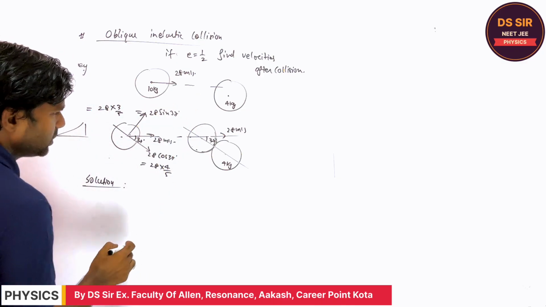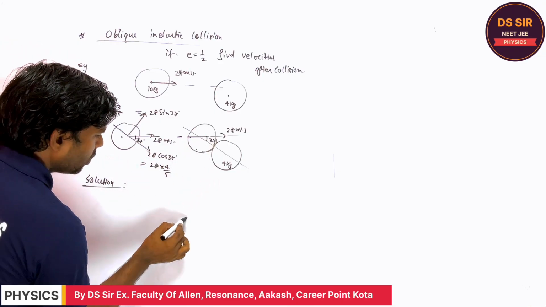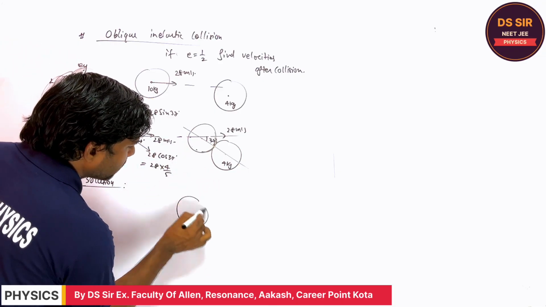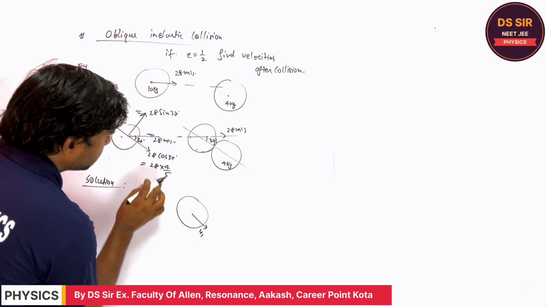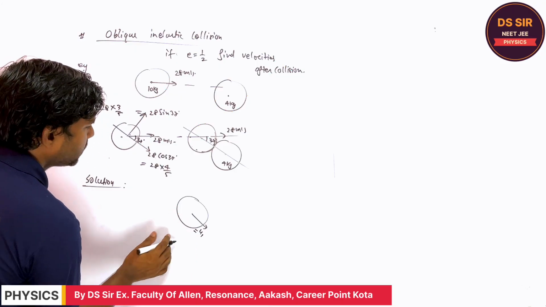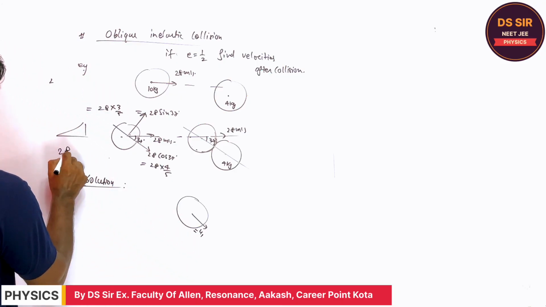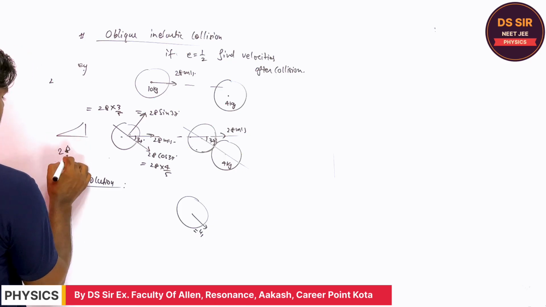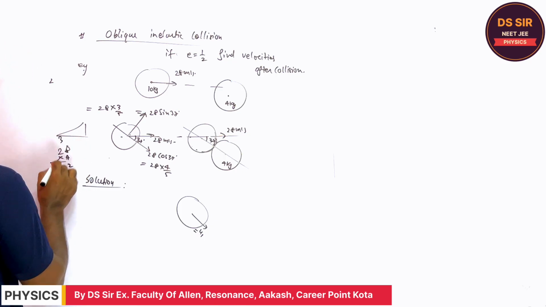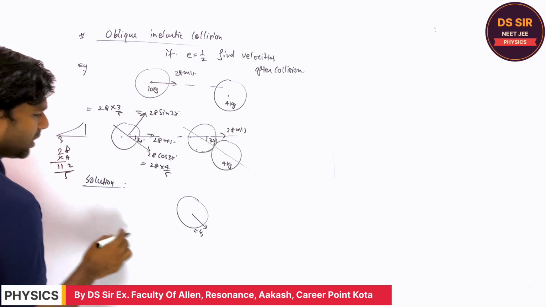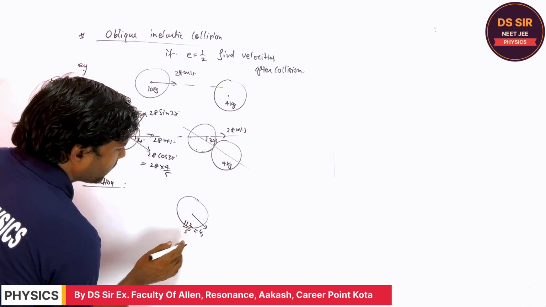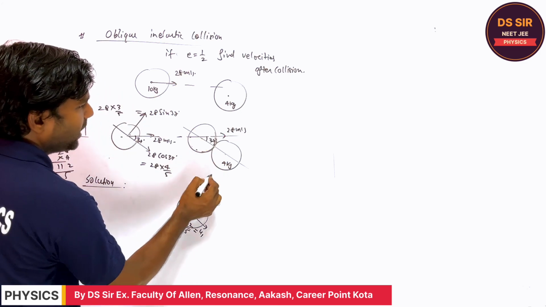Whatever the velocity it is, now the collision is occurring. This is the u1 velocity. The u1 velocity is 28 into 4 by 5, that is 112 by 5 meter per second, and the second body is at rest.